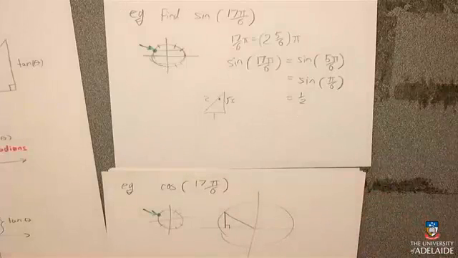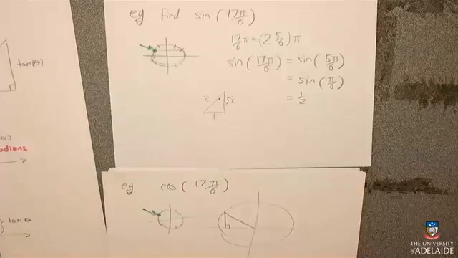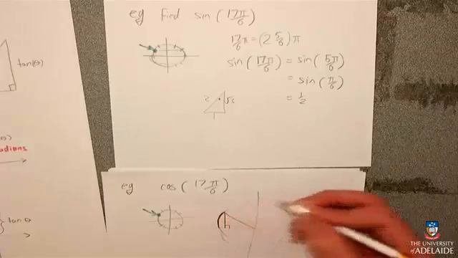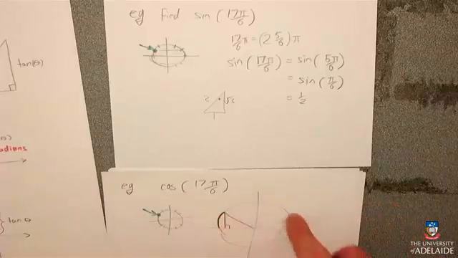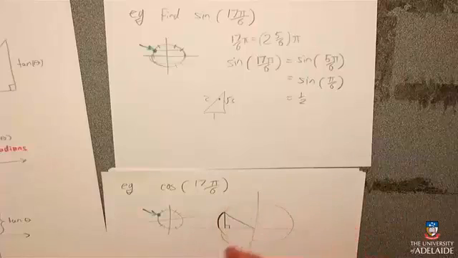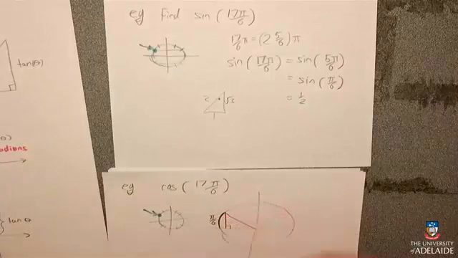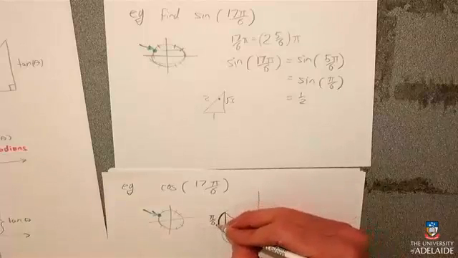What I can do is compare what's in this triangle to the angle I really want. So I know that this distance was 5 pi on 6 this way. So the angle between here and the x-axis is pi on 6. That's one way I can do it. I can figure out the angle between where I am and the x-axis.